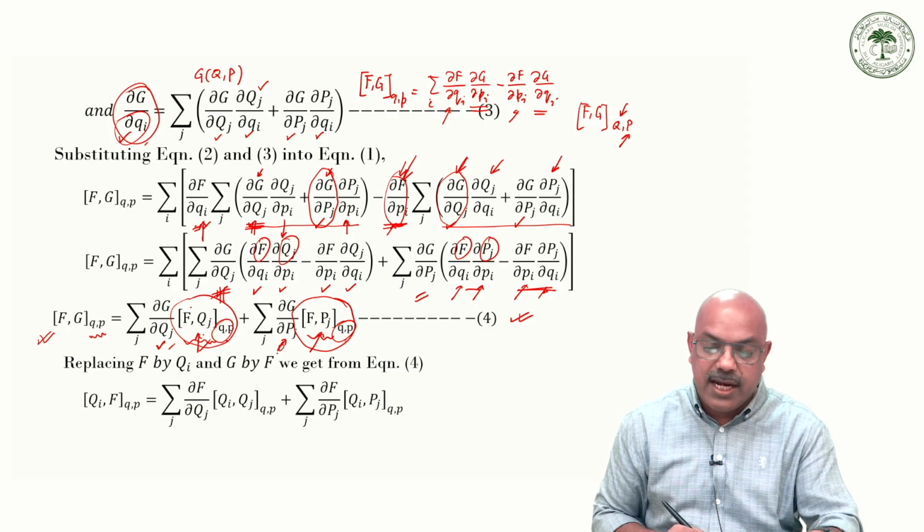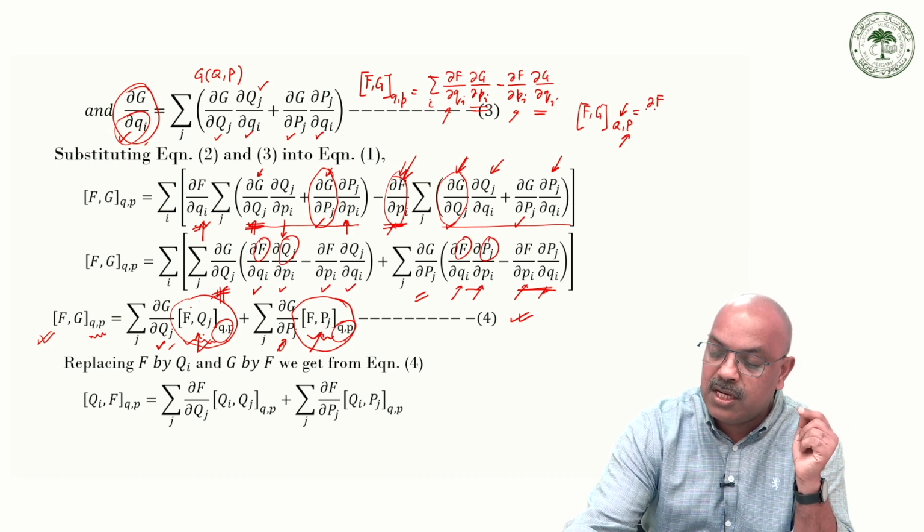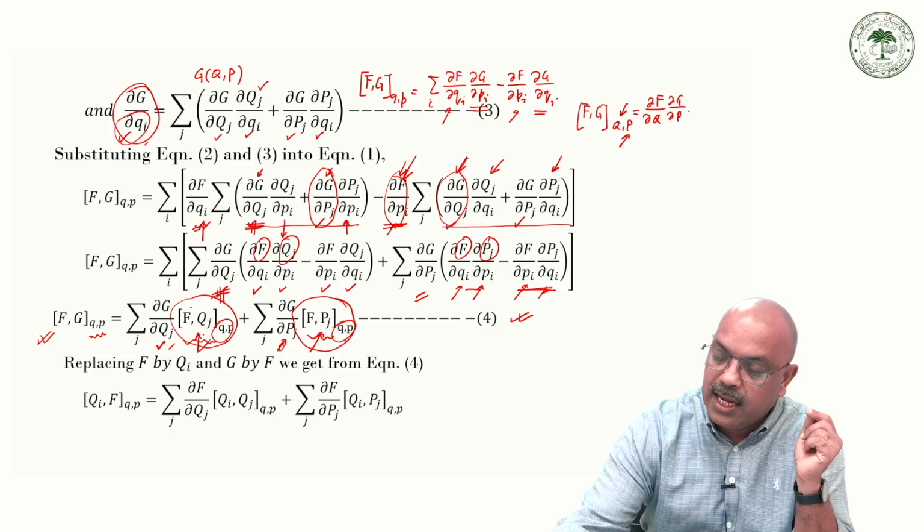So if I write this Poisson bracket, you write delta f upon delta q, and then you have delta g upon delta p, and the second term will be minus delta f upon delta p and delta g upon delta q.